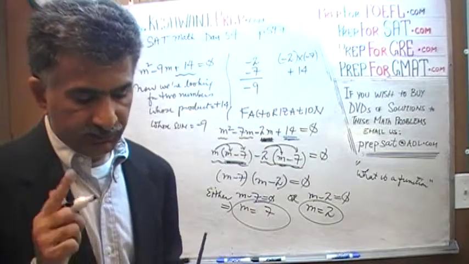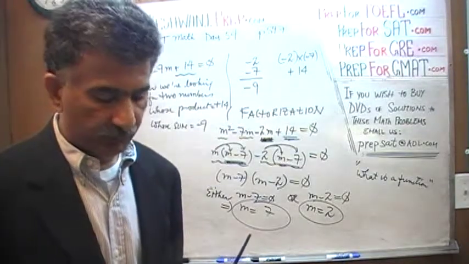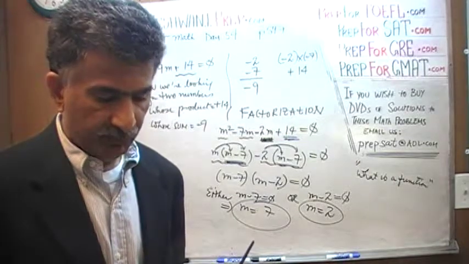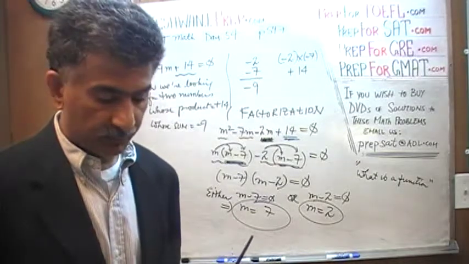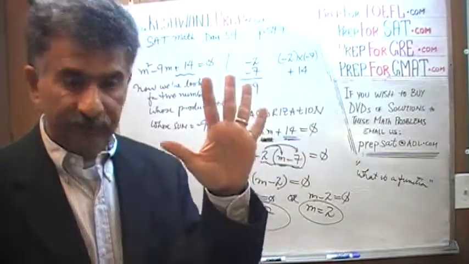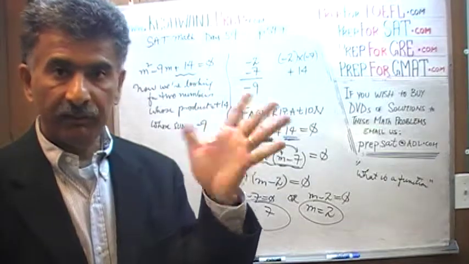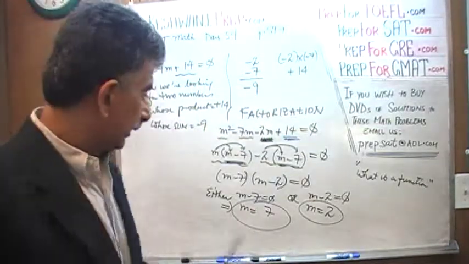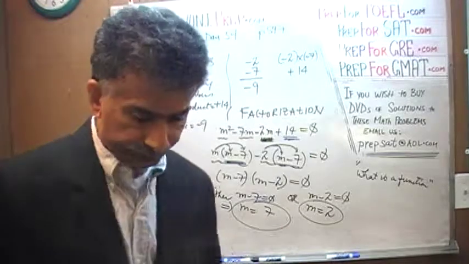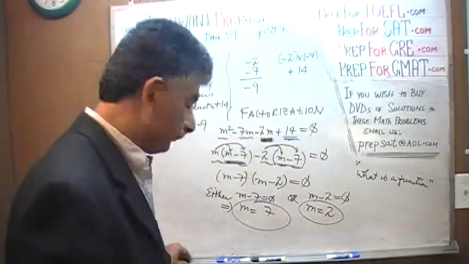Like yesterday, in problem number 13 in yesterday's video, we found that the possible answers were 13, 14, 15, 16, 17. There were 5 possible answers. Just grade in any one of those and you will get the credit. Here there are 2 answer choices, 2 and 7. Pick one and be merry. Do you understand?